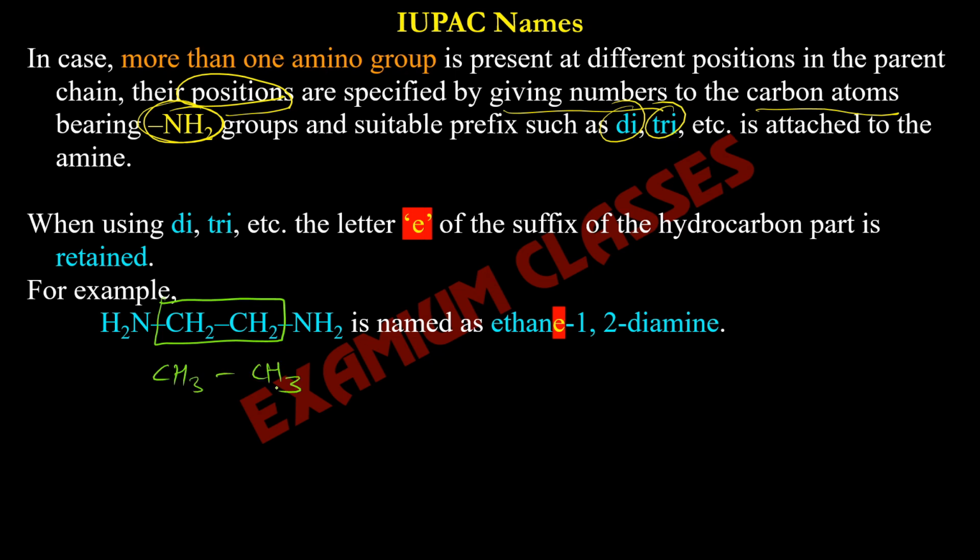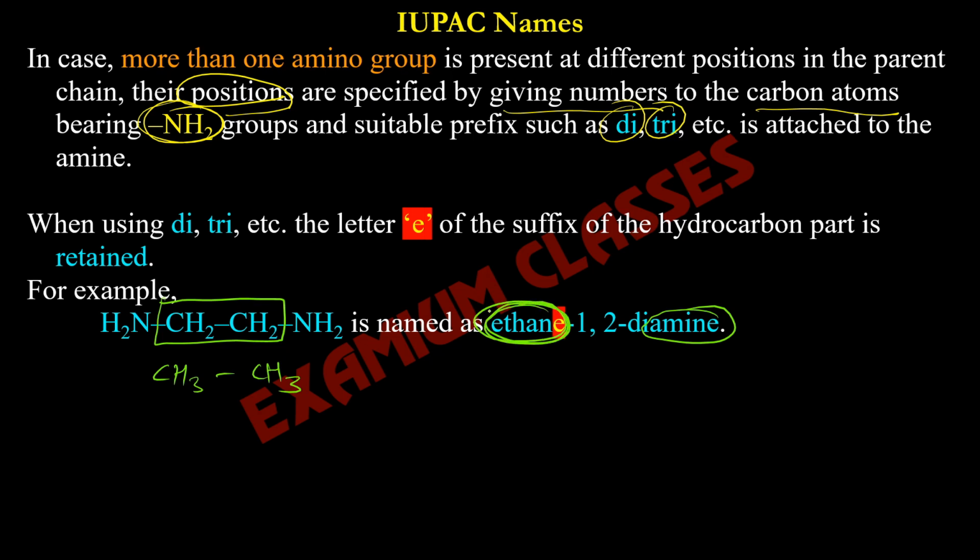So it means the parent chain is ethane. It is actually ethane having NH2 groups. Obviously, in case of amines, amine is put at the end. So amine is the parent in that sense. But the longest chain, you actually say it is ethane. So that's why you see ethane written here.